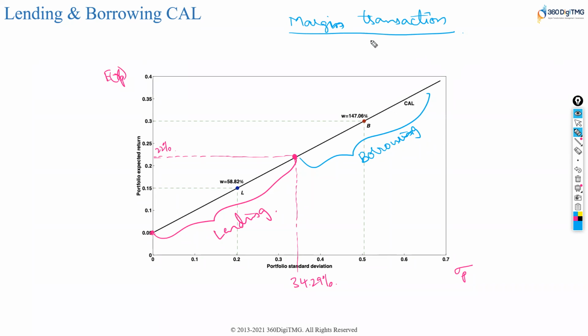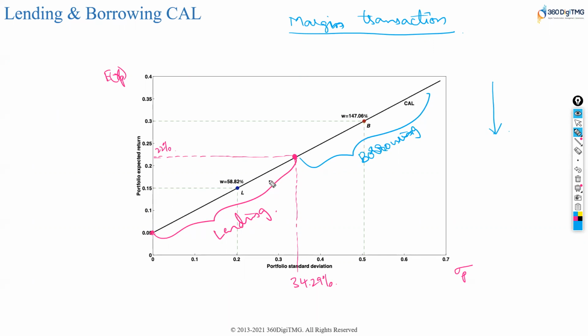In the securities market, in the stock market, we can do it, but it is double risky. Because if the market goes down, you don't just lose your money, you'll also lose the borrowed money. You lose both. So it is very, very risky.